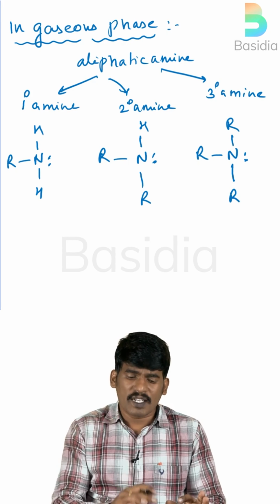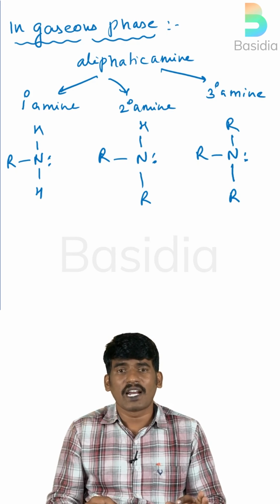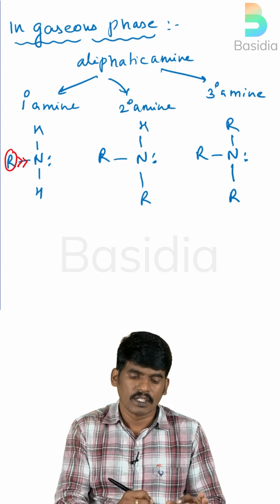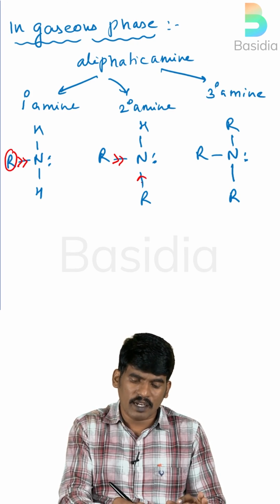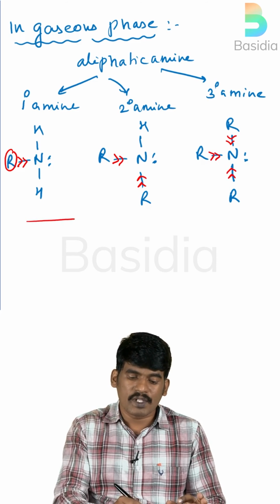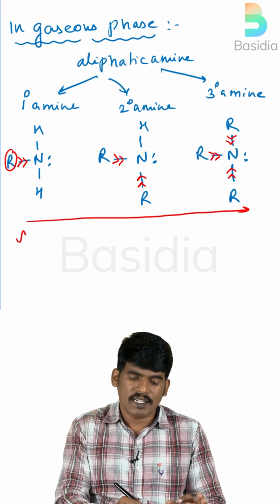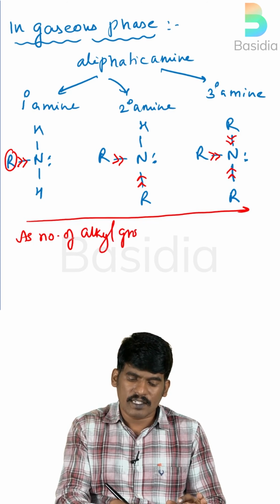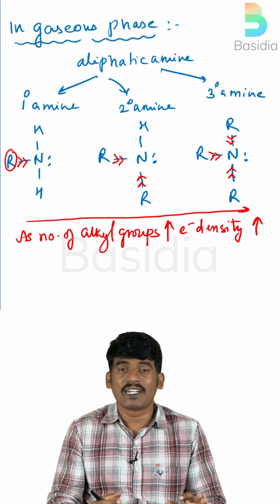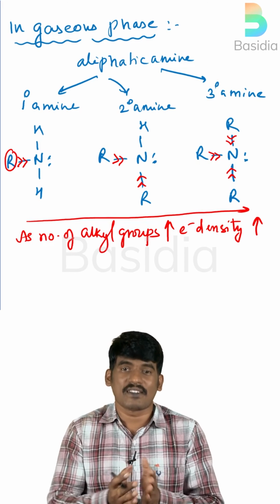In the first case, in primary amine, how many alkyl groups are there? Only one alkyl group. Here, two alkyl groups are there, which give electron density to the nitrogen. As the number of alkyl groups increases, electron density also increases. By that, they can act as stronger bases.